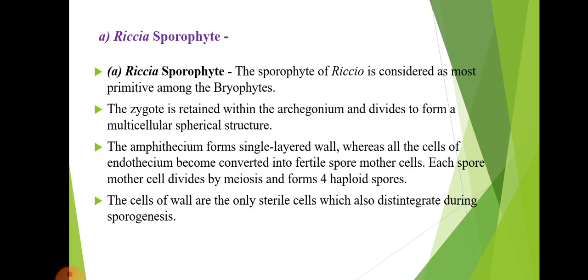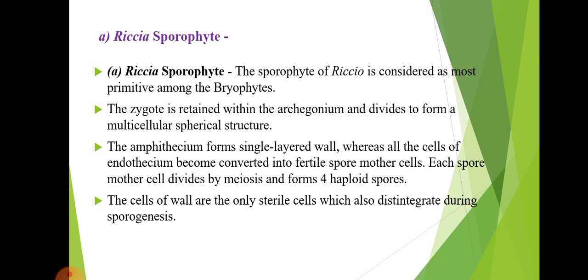Riccia sporophyte. The sporophyte of Riccia is considered the most primitive among the bryophytes. The zygote is retained within the archegonium and divides to form a multicellular spherical structure.